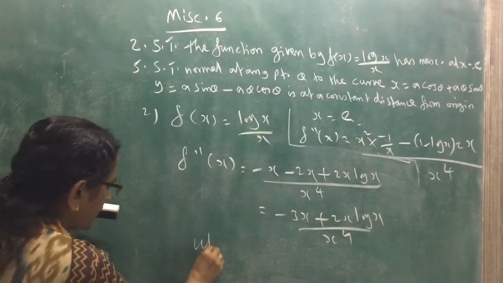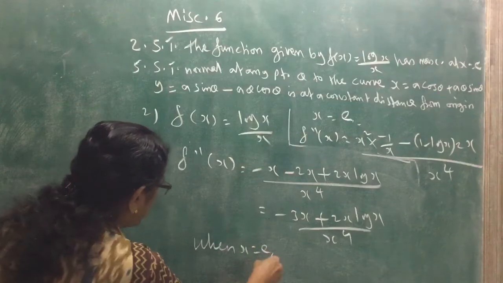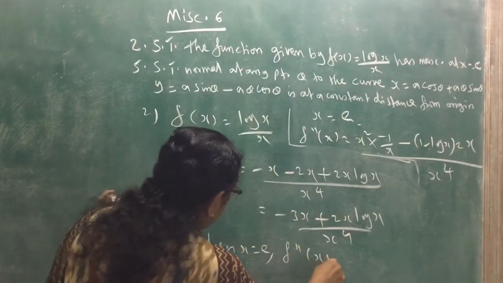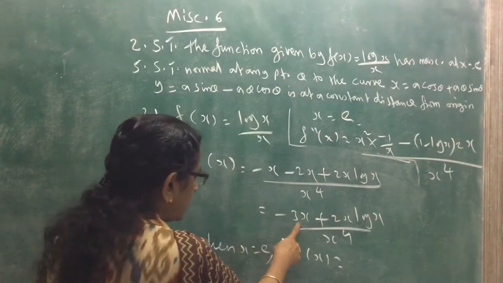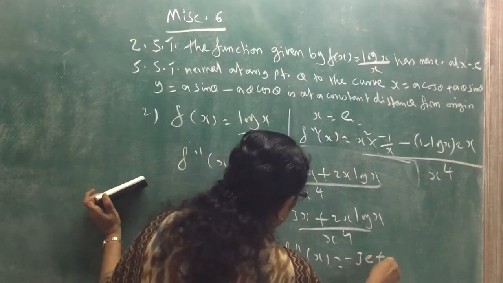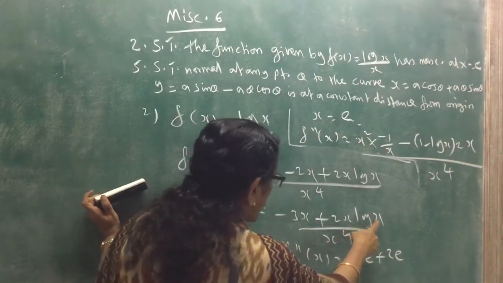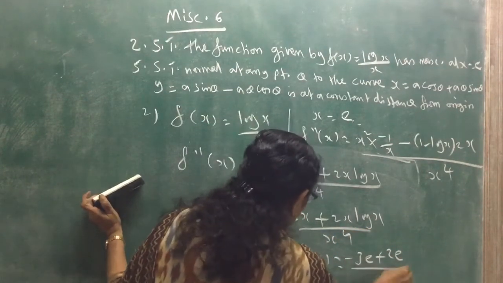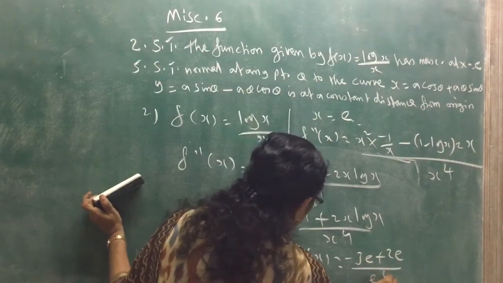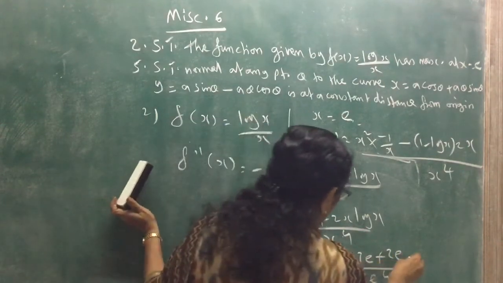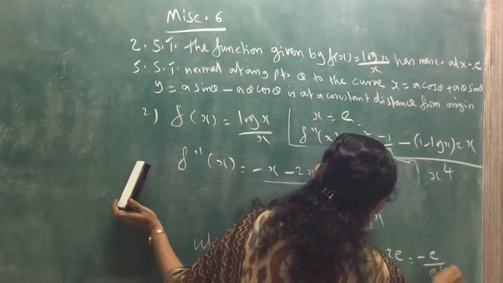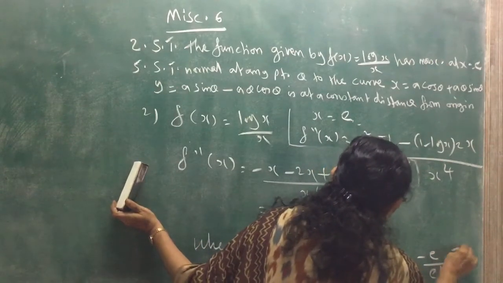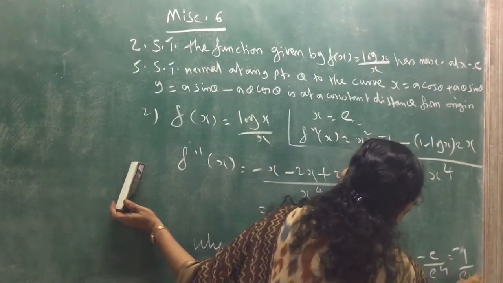When x equal to e, second derivative equal to minus 3e plus 2e into log e, 1, whole divided by e raised to 4. Minus 3e plus 2e is minus e, by e raised to 4. That is minus 1 by e cube.